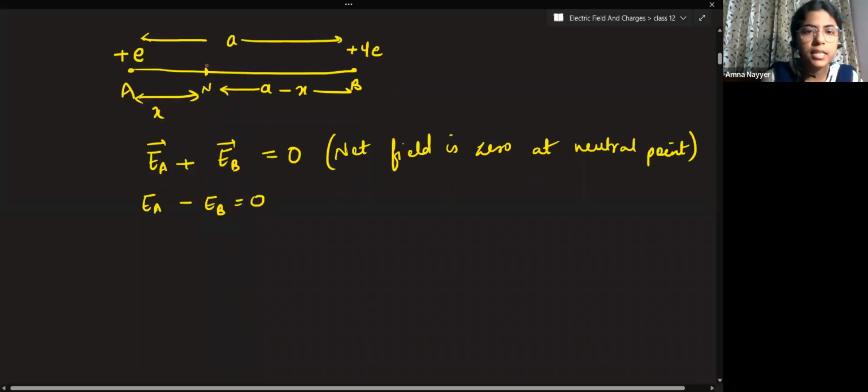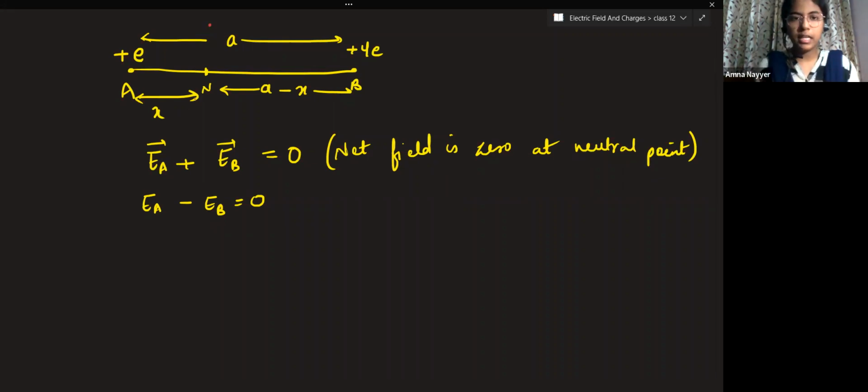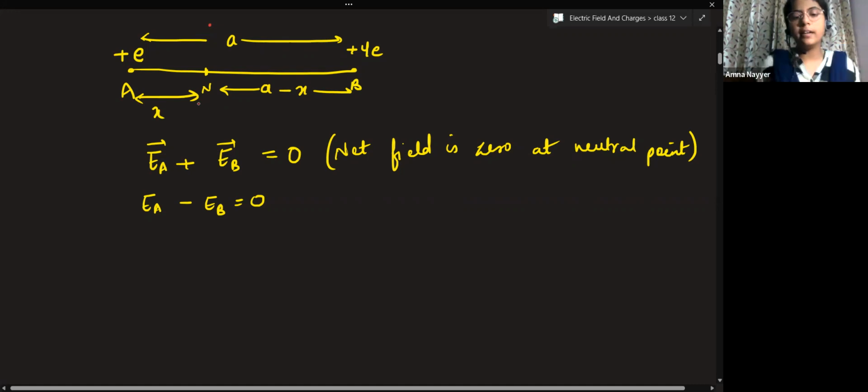Just look at this. If this is the neutral point, all right. So this is the neutral point. Because of plus 4E, electric field will be away from the charge. So because of plus 4E, means because of point B, should it be towards the left or the right?